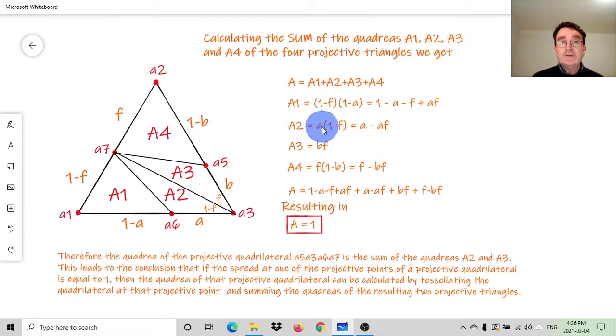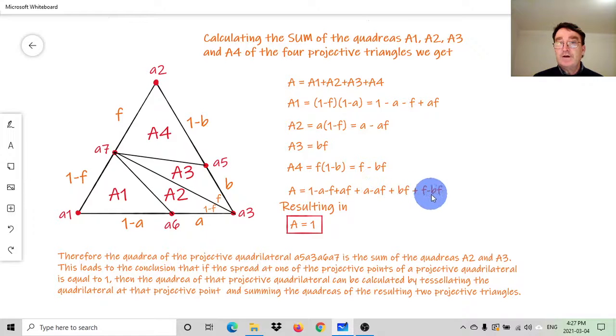So A2 is going to be A times 1 minus F. Same thing with A3, it's going to be the quadrance of this line, which is 1, times F times B. And the quadria of A4 is going to be F times the spread of 1 times 1 minus B. And when we add these four quadrias up, we get this expression.